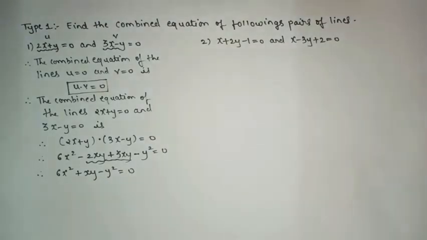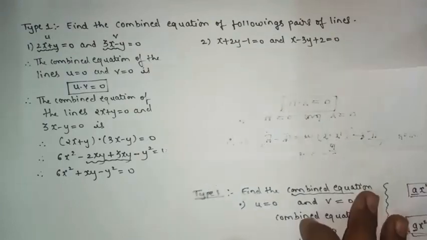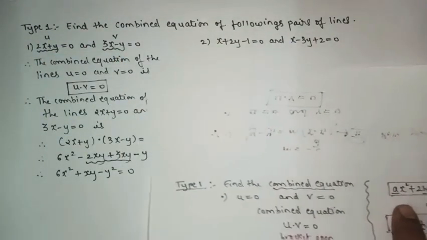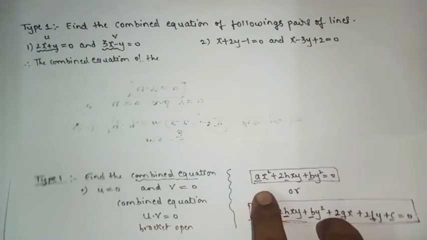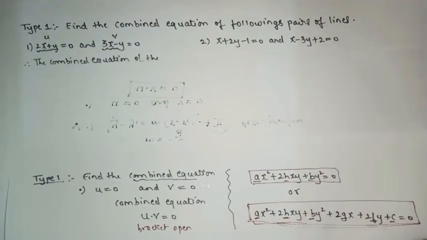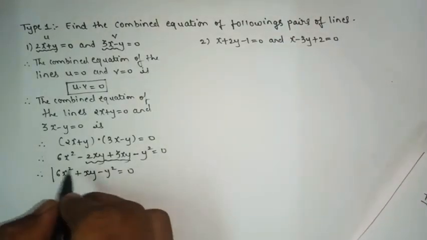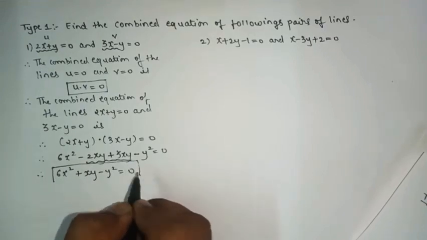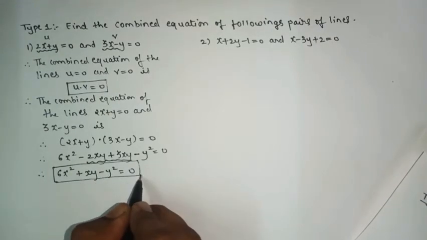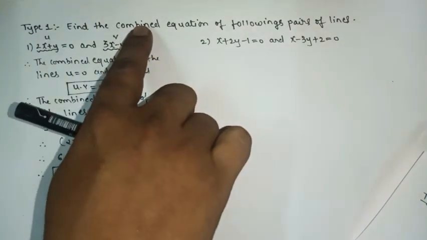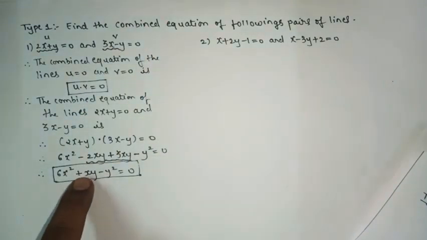As I said, when the third term is missing, yes or no, when the third term is missing, the answer will be in this form: ax square plus 2hxy plus by square equal to 0. So here we got our combined equation, yes or no? What do you mean by the combined equation? Can I say it is one form of a quadratic equation?